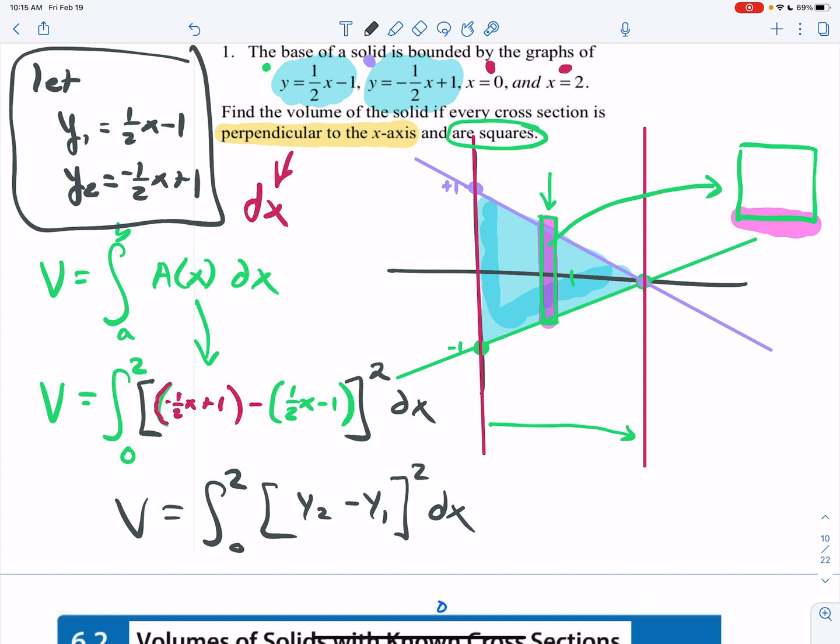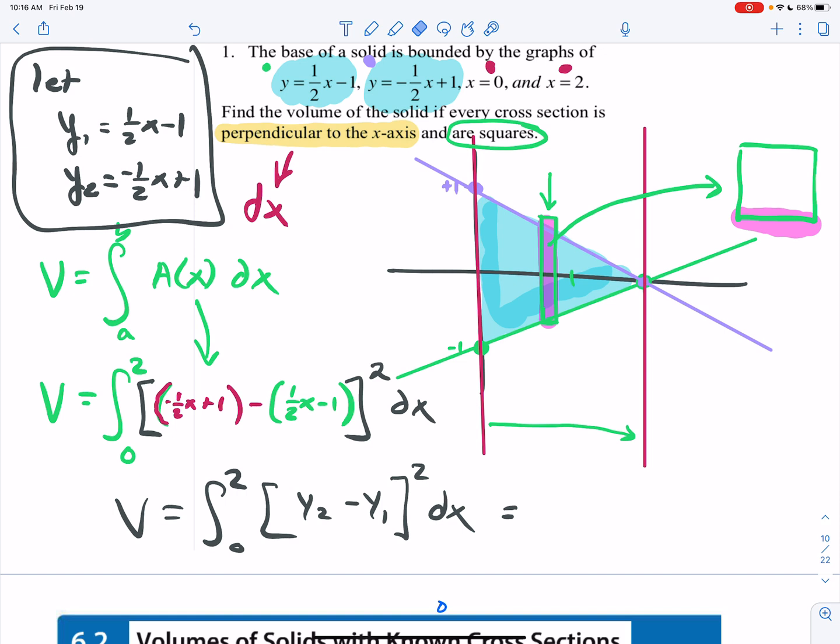All right, anyways. So you plug and chug, and you get your answer. I'm going to go ahead and type this in. We'll do this first one together, and the rest I'll leave up to you guys. So I'll make sure that y1 is 1/2 x minus 1, and y2 is negative 1/2 x plus 1.